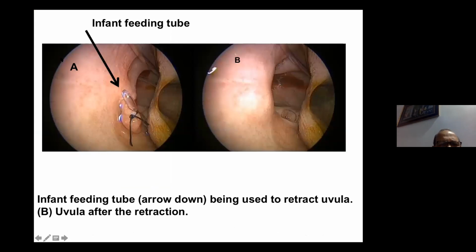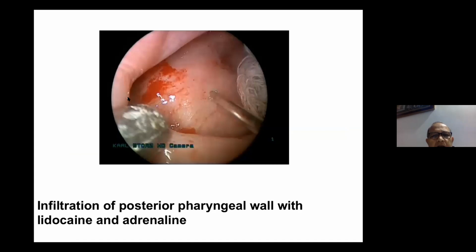Now, an infant feeding tube is put in through the nose and then it is tied onto the uvula, then it is pulled back so that some space is created. You retract the soft palate in the nose. Then infiltrate the posterior pharyngeal wall using Xylocaine and adrenaline.